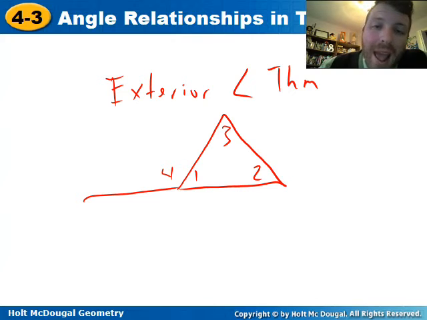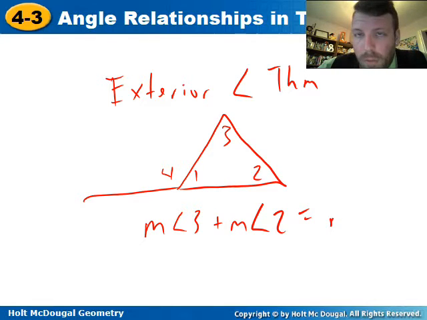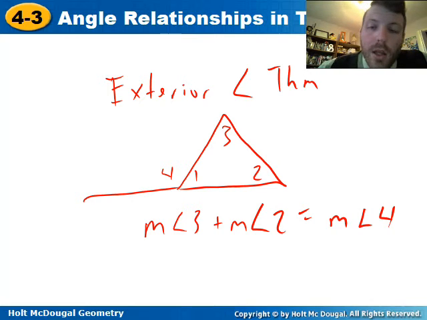It's whenever I add the two remote interior angles together to equal the outside angle. Again, those are the angles that are not beside that angle. So 3 and 2 are the remote interior angles. If I take the measurement of angle 3 and add that to the measurement of angle 2, it's going to equal the measurement of angle 4 all the time, every time. Okay, this is something you need to write in your notes. You need to know this theorem.